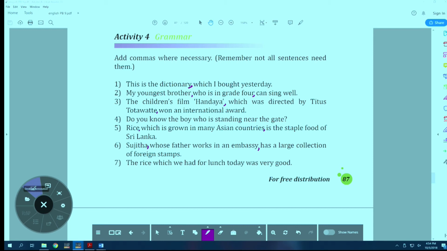Seventh, the rice which we had for lunch today was very good.